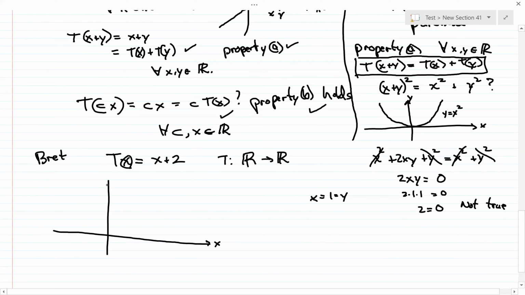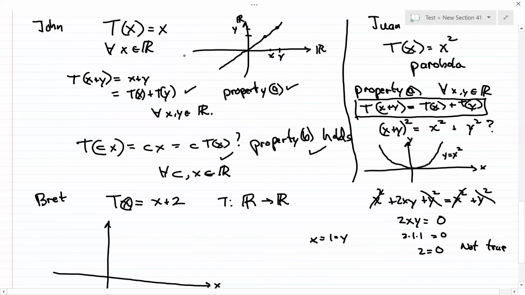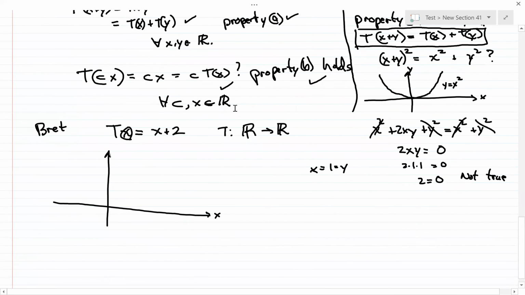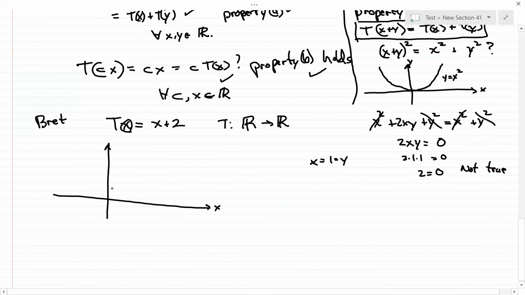We have an XY coordinate system. This is the line, in fact, it's just like John's. It's a line with slope 1 that has a y-intercept of 2, right? So if this is the y-axis, this is 1 and this is 2, it would be a line that goes like that. It keeps going that way.